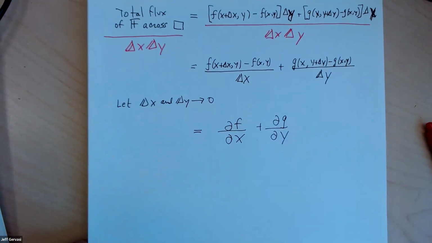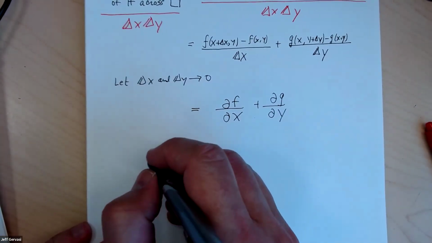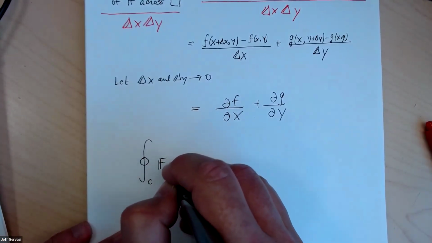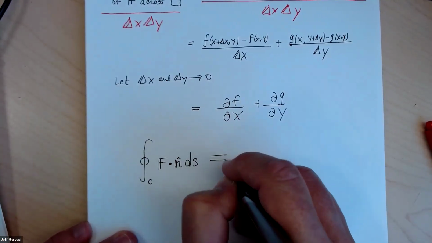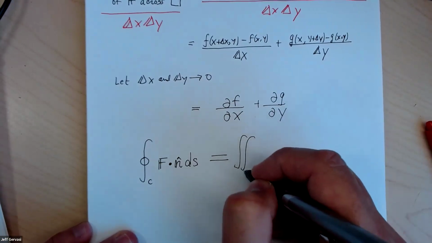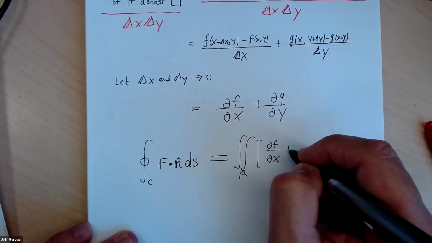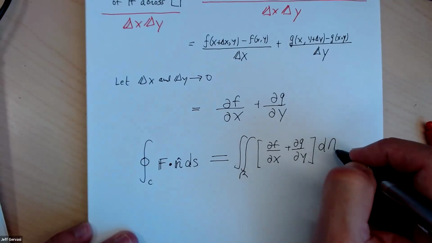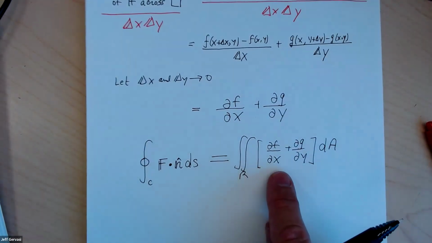So when you take a look at our integral again, the flux form of Green's theorem, that would look like this. And that's exactly the integrand that we have in the flux form of Green's theorem.